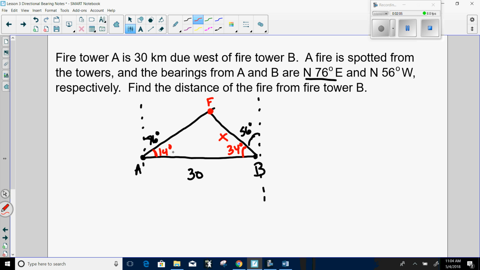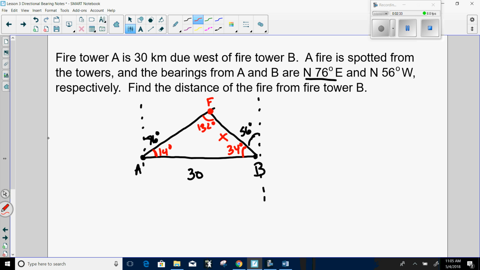In order to do that, I have this angle and this side, which would fit up with law of sines if we know what this angle is. This angle we don't know, but we can figure it out because we have the other two. So we take 180 minus 34 minus 14, and you get 132. So this angle up here would be 132 degrees.